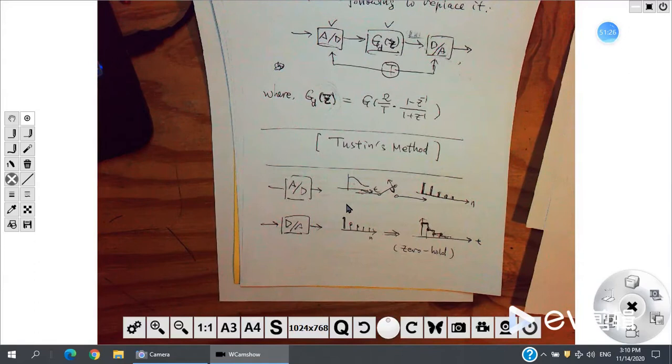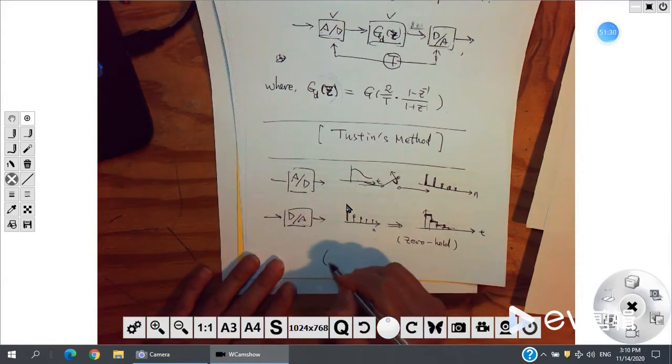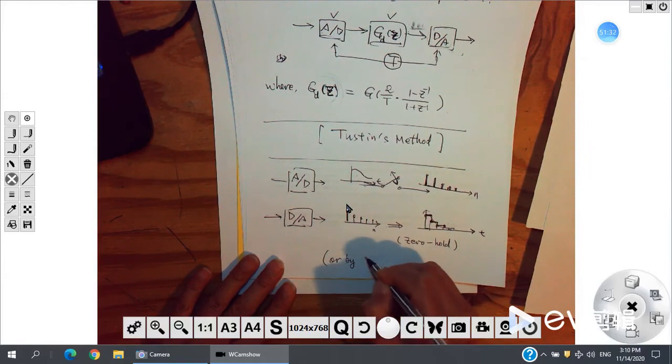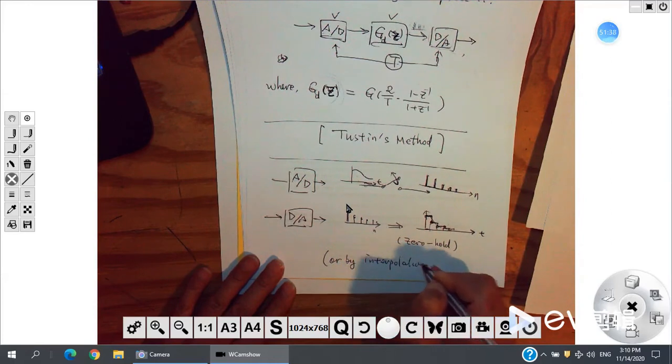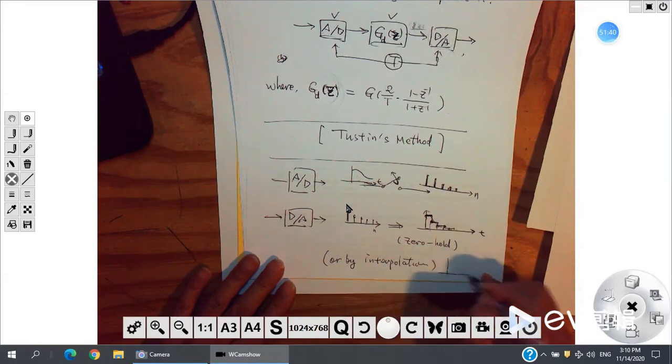For example, you can use interpolation. That means when you have these values, you try to connect them.